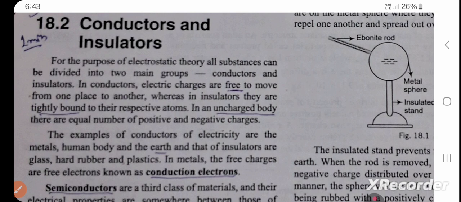In an uncharged body, there are equal numbers of positive and negative charges. The examples of conductors of electricity are the metals, human body, and the earth, and that of insulators are glass, hard rubber, and plastics. In metals, the free charges are free electrons known as conduction electrons.